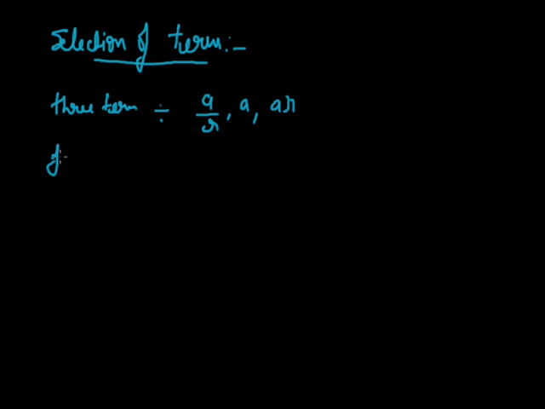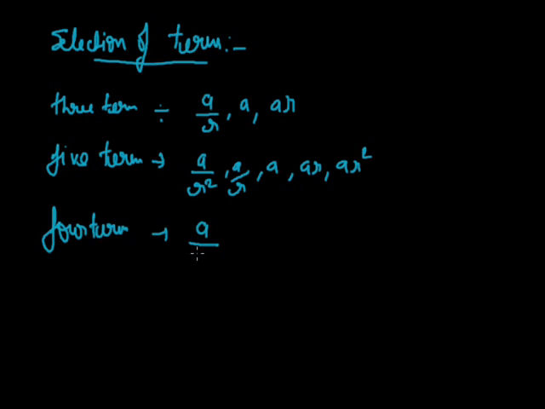Five terms, then a upon r square, a upon r, a, ar and ar square. Four terms, a upon r cube, a upon r, ar and ar cube.